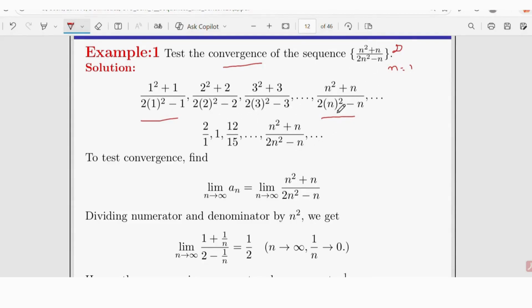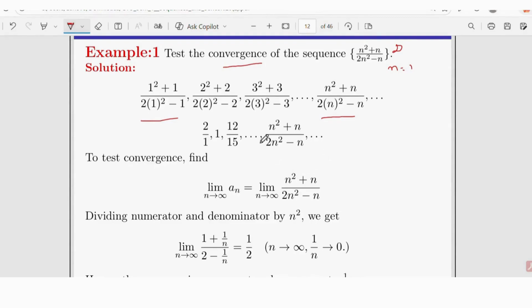Now, after solving this, we get the first term of the sequence is 2 upon 1. After simplification, the second term is 1 upon 1, that is 1. After simplification, the third term is 12 upon 15, and so on.